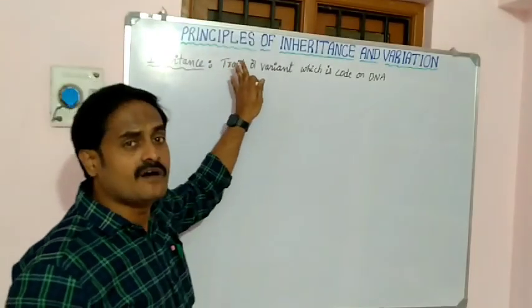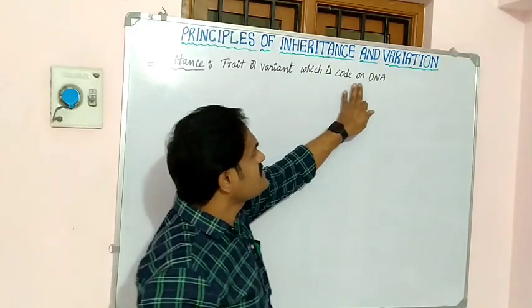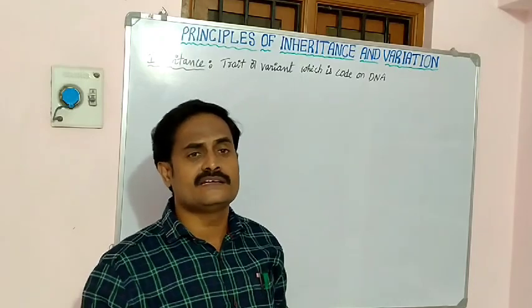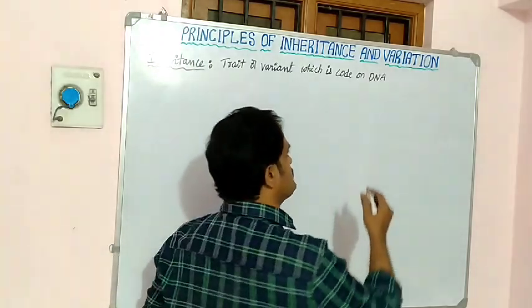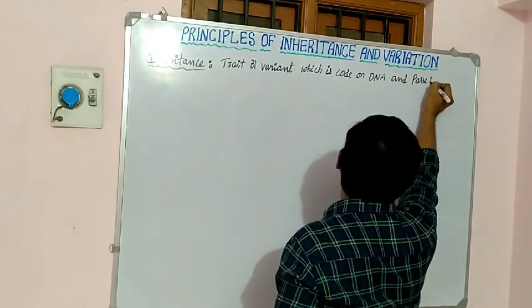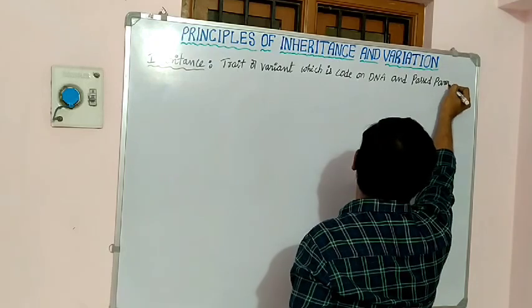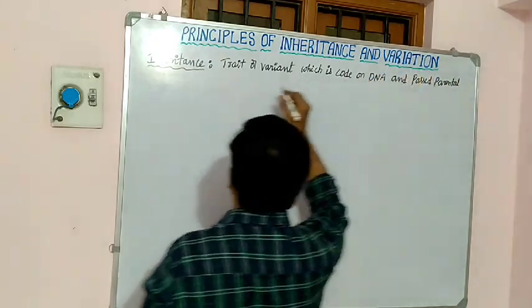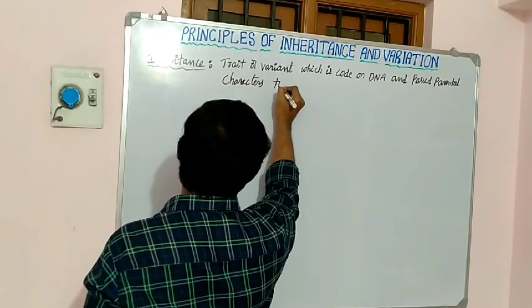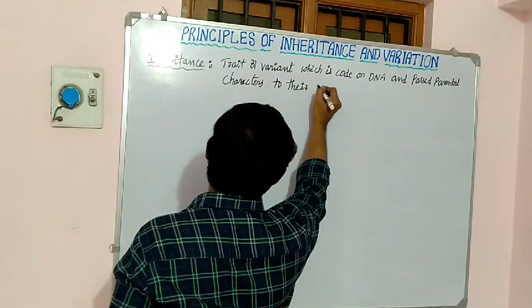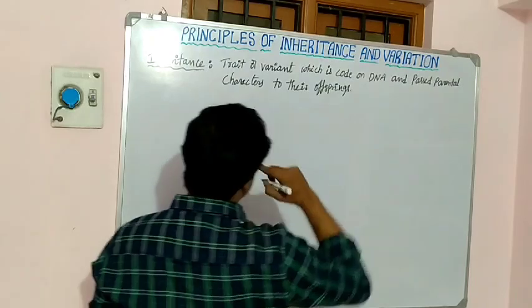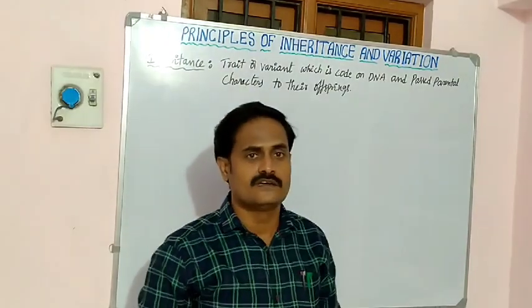It is a trait or variant which is coded on DNA and passes parental characters to their offspring. So this is the definition of inheritance.